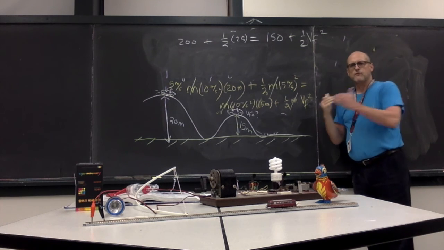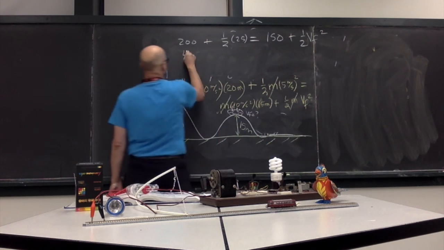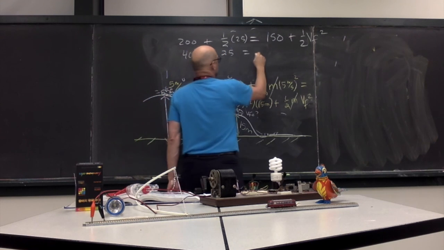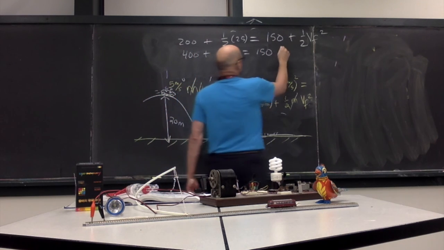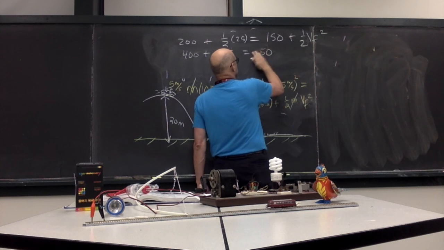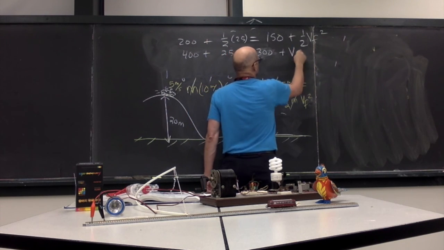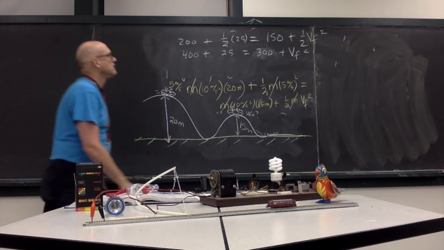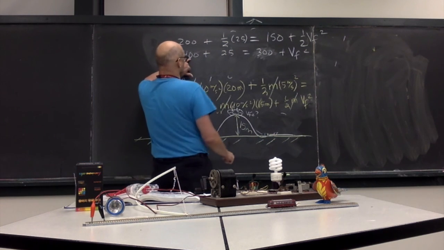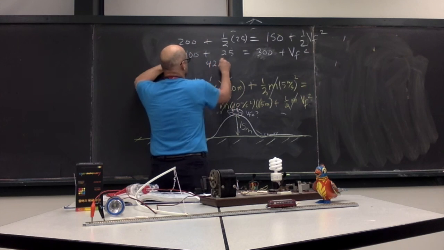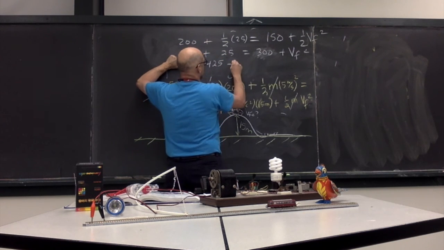I'm going to multiply through by 2, so I get 400 plus 25 equals 150 times 2, 300, plus VF squared. So 400 plus 25 is 425. Subtract 300 from both sides.